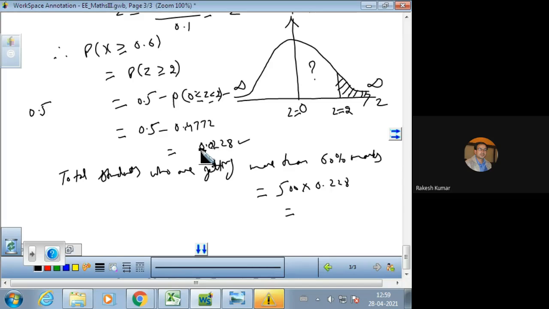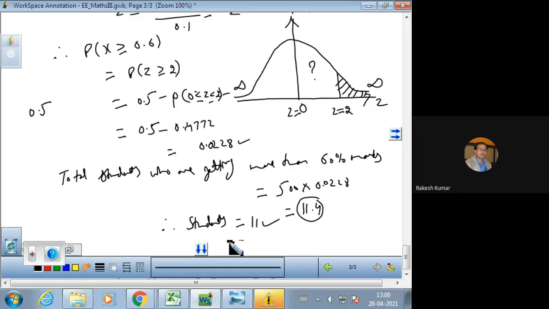Please rectify it: 0.0228. This will be the rectification. So the multiplication comes out to be 11.4. So required, now we will round it off, so 11. Therefore, the number of students is 11. 11 students have scored more than 60% marks.